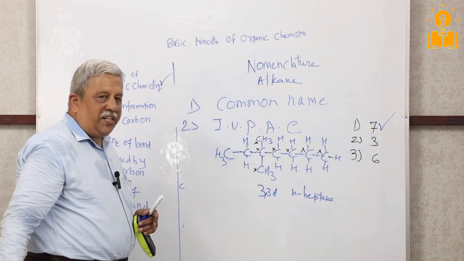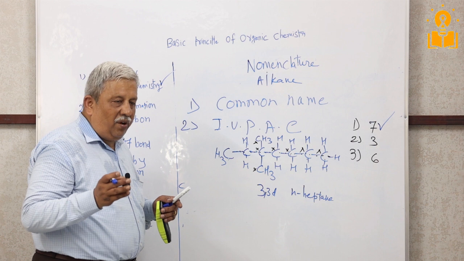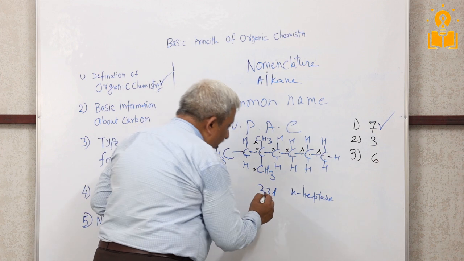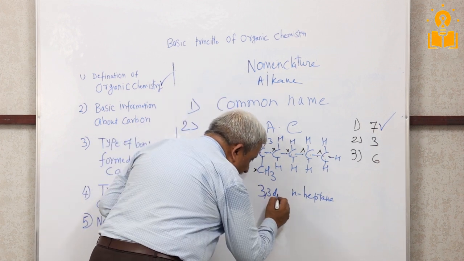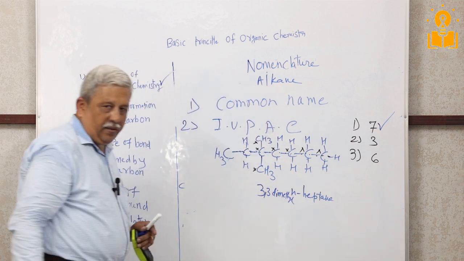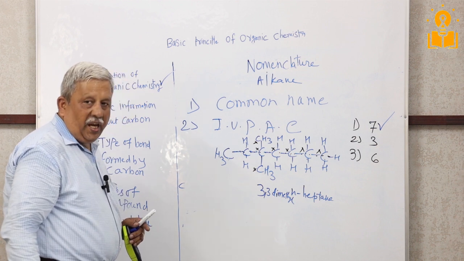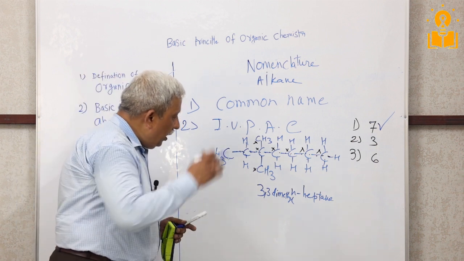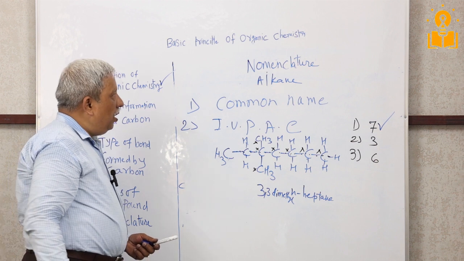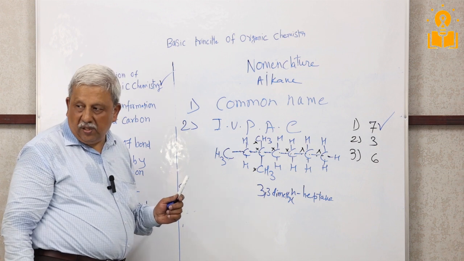Now CH3, when one carbon is less, is called methyl. When ethane has one hydrogen less, it is called ethyl. So it is 3, 3 dimethyl heptane. So the name of the compound is 3,3-dimethylheptane. This is how you name the alkane. We saw the common as well as the IUPAC.